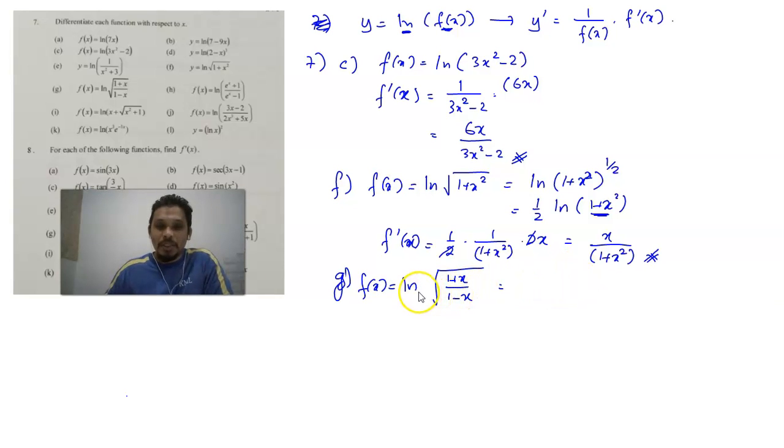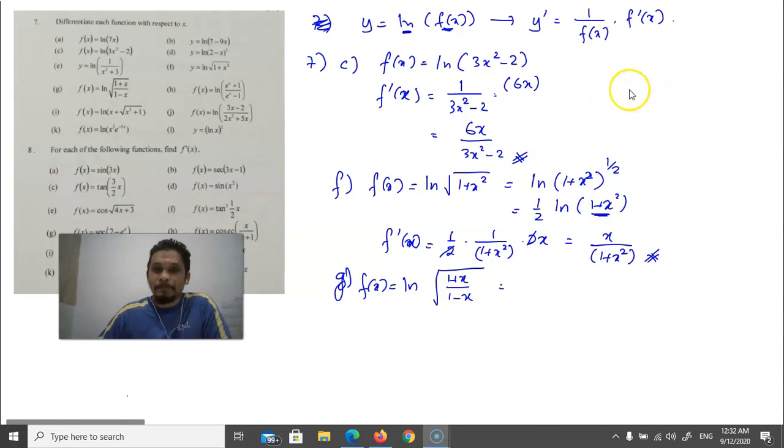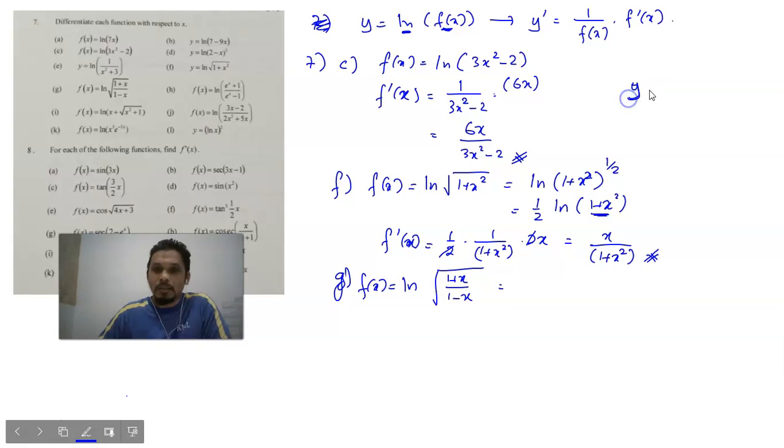For this one now, let's refresh our memory about ln. y equals natural log of a over b, which is equal to natural log of A minus natural log of B. You still remember that?